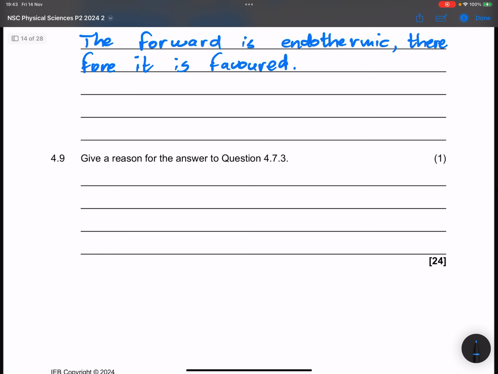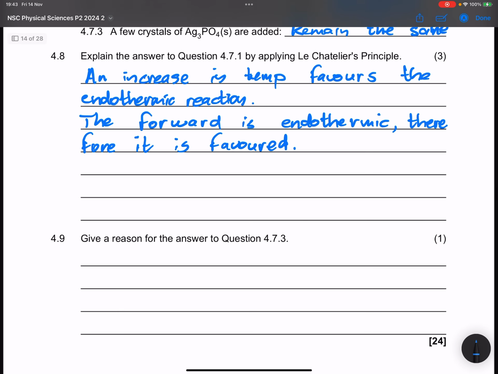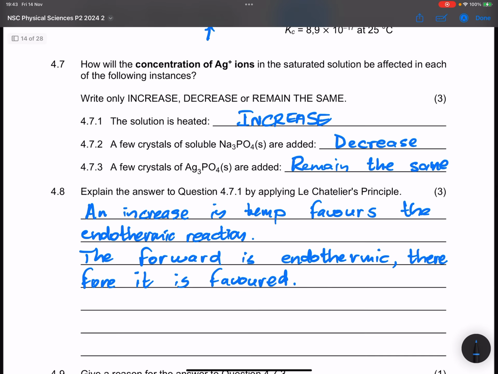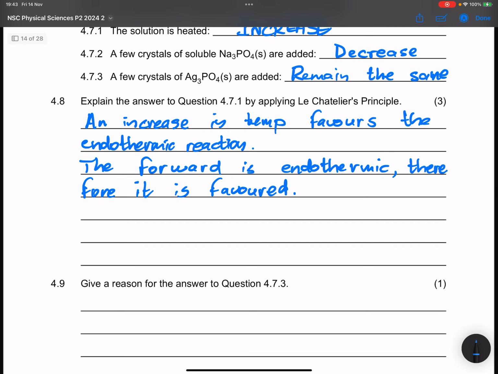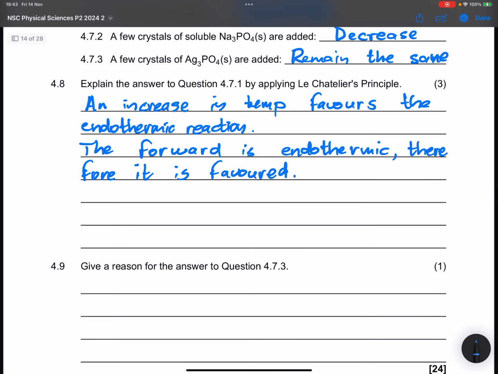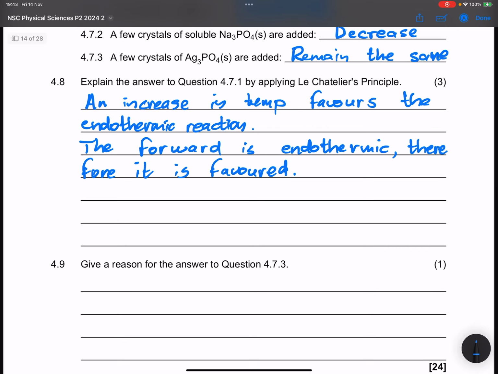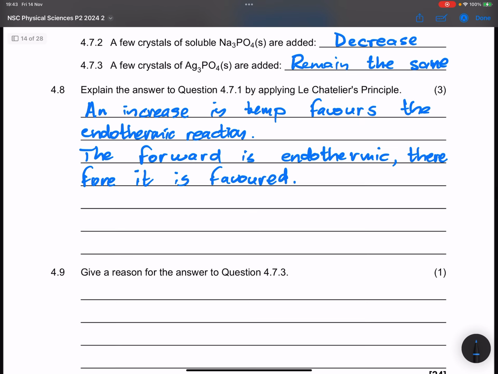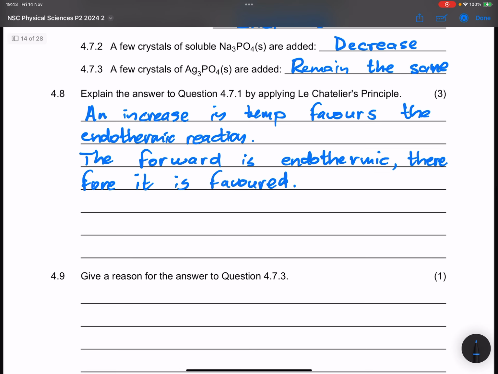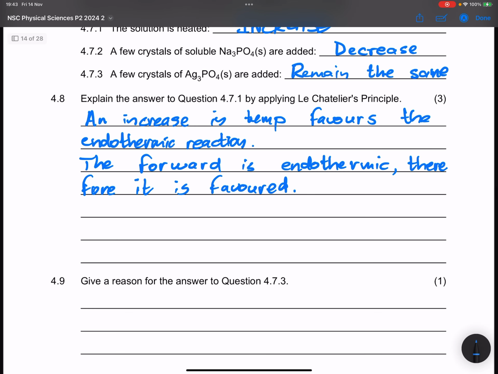Right, and then next, they say to us, give a reason for the answer to question 4.7.3. Which one is that? All right, so please remember, in this case, they are essentially just asking us, why is it that it would remain constant in that case? Yeah, that's the one.